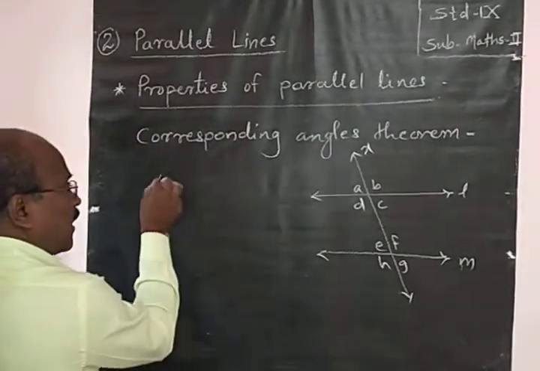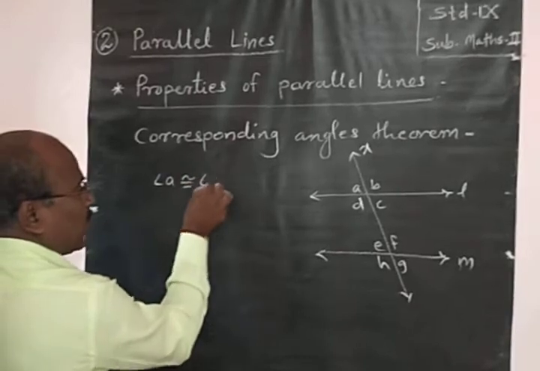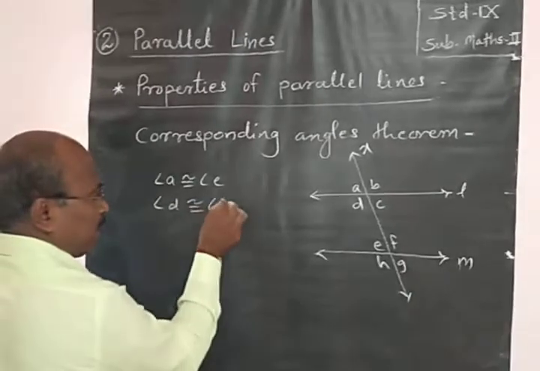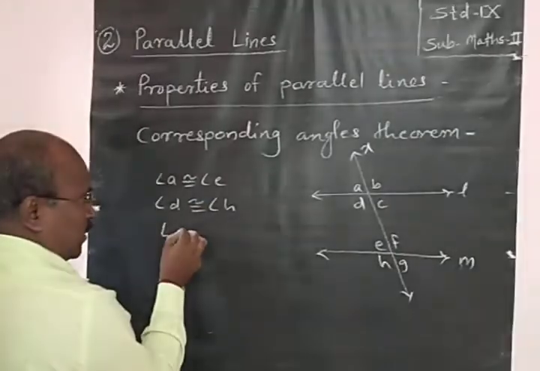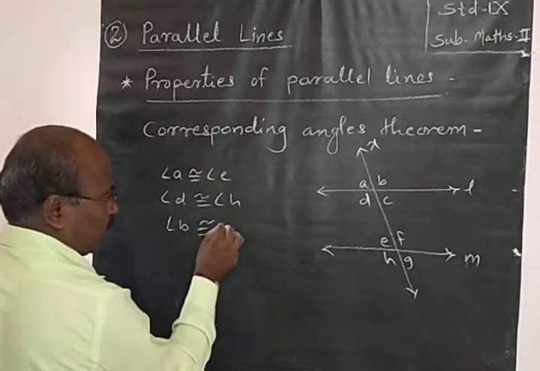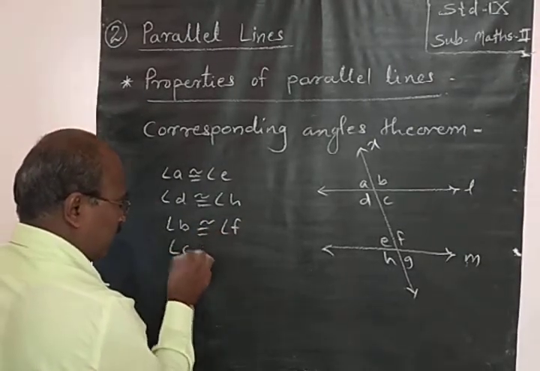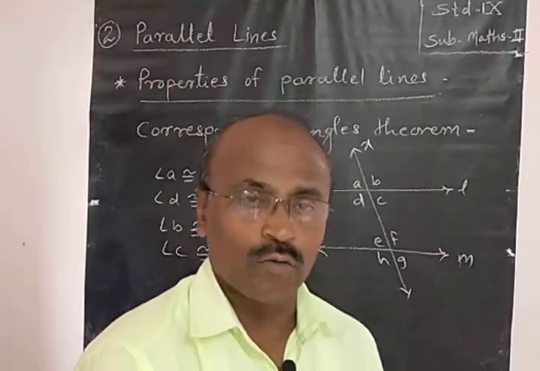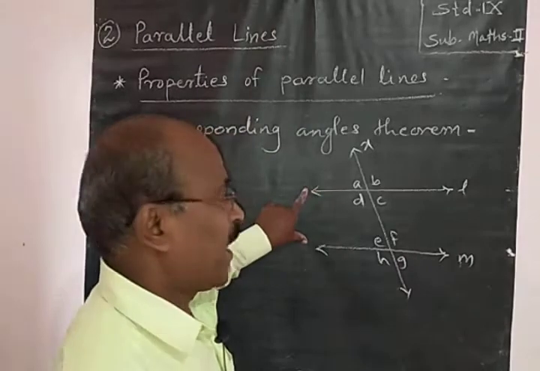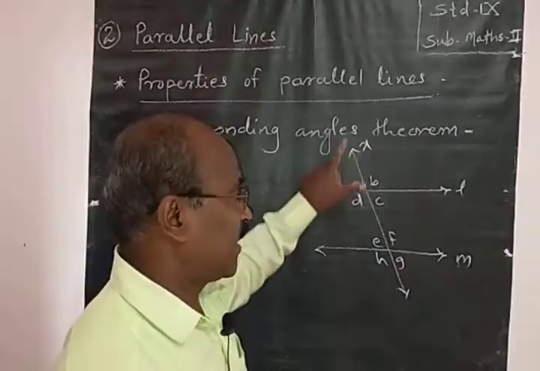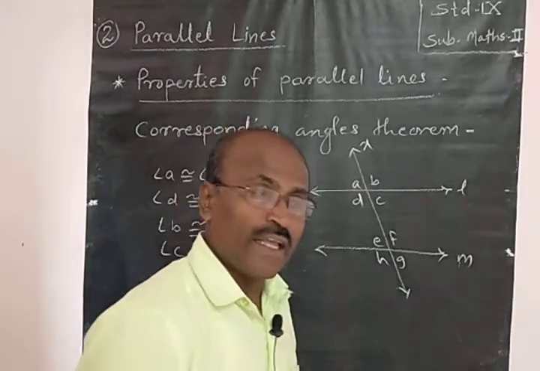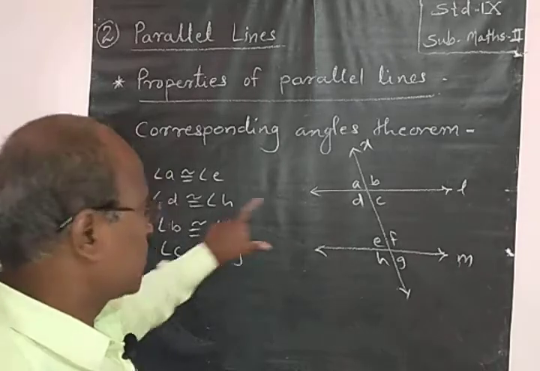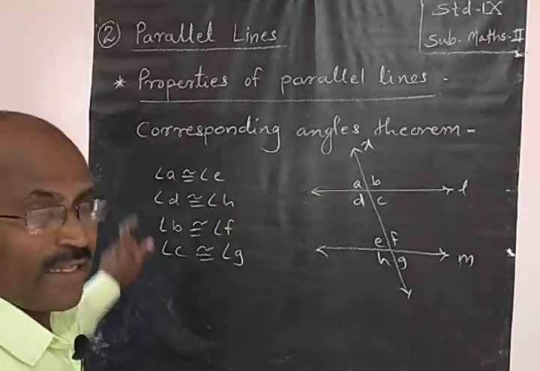That means angle A is congruent to angle E, angle D is congruent to angle H, angle B is congruent to angle F, and angle C is congruent to angle G. All the corresponding angles are congruent. जर दोन पॅरलल लाईनला म्हणजे दोन समांतर रेषांना एका छेदिकेने छेदल्यामुळे तयार होणारे संगत कोनांच्या जोड्या एकरूप असतात. संगत कोनांच्या जोड्या किती आहेत? टोटल 4 जोड्या आहेत.